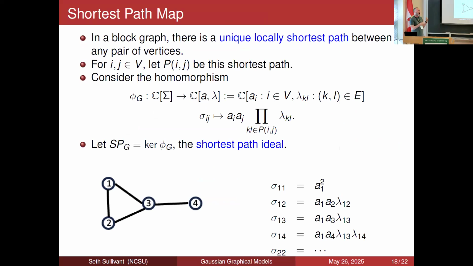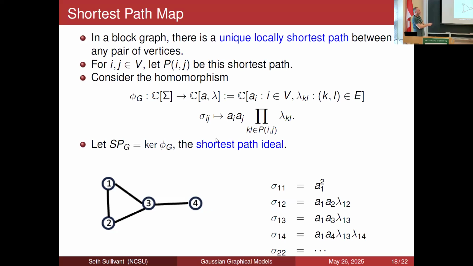Block graphs are the graphs that have geodesics, essentially. They have a unique locally shortest path connecting any pair of vertices. So they're kind of the natural generalizations of trees with respect to that property. Okay, so in a block graph, there's a unique locally shortest path connecting any pair of vertices.